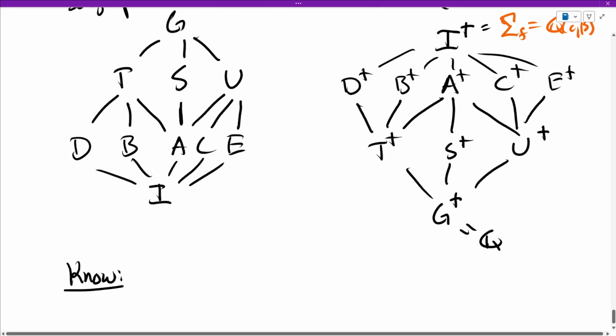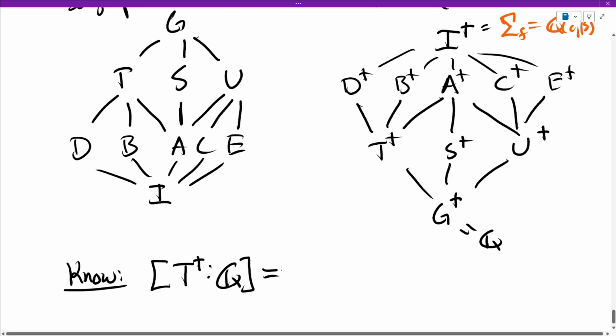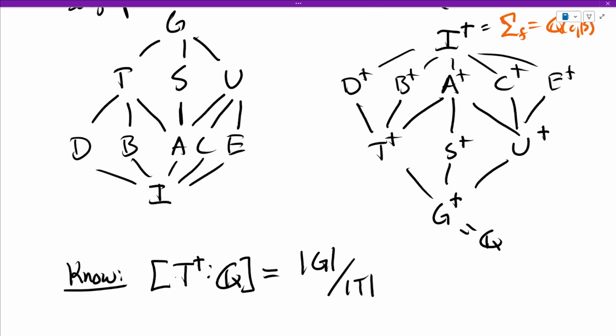We know, for example, for this row here, that the degree of, say, T dagger over Q is the index of T in G. So it's the order of G divided by the order of T. T had order, what was T?